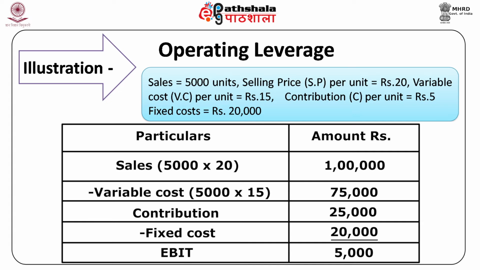If we look in the table, sales 5,000 into 20, 1 lakh, minus variable cost 5,000 into 15, 75,000. The contribution is 25,000. The fixed cost is 20,000. So EBIT is 5,000.